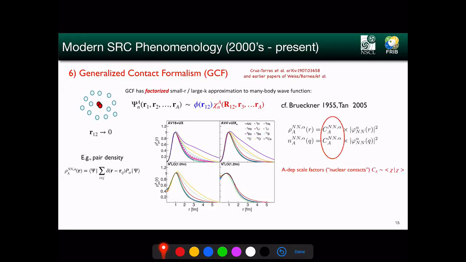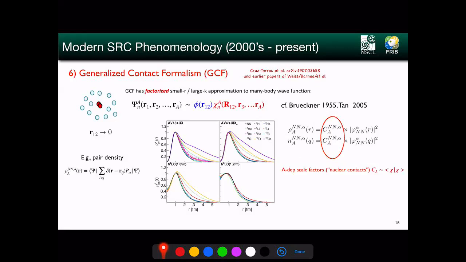And so the way this is interpreted in this GCF framework is that using this wave function factorization, which underlies everything, you can show that these two-body pair distributions and pair momentum distributions factorize.